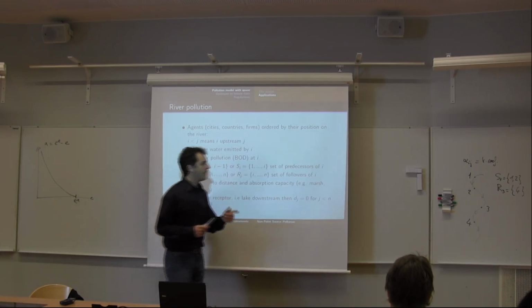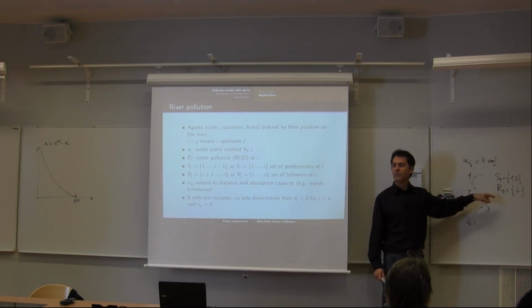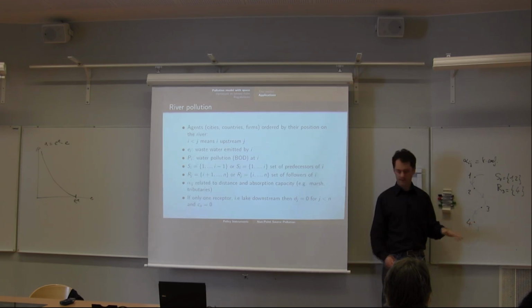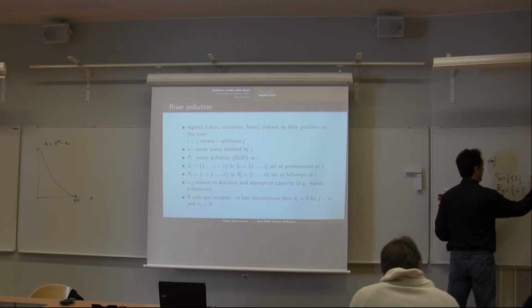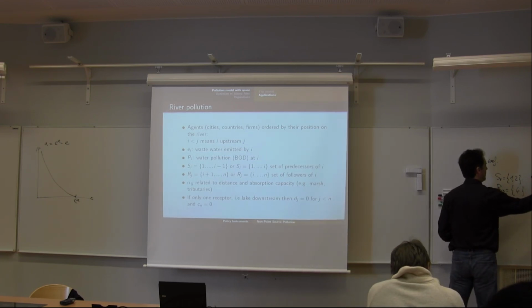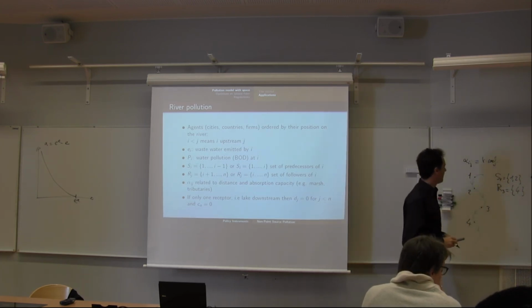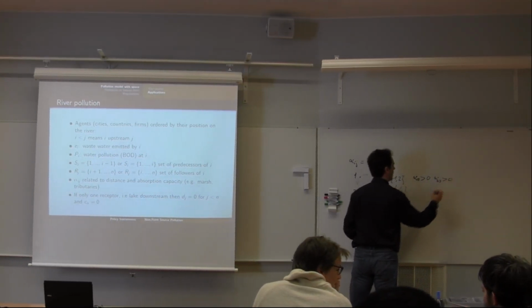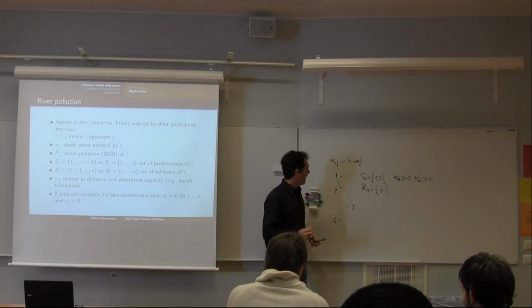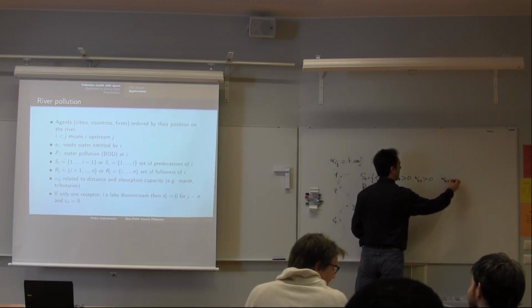I said that the impact will be positive within this set and equal to 0 outside this set. That means here, for instance, that alpha 1,3 is positive, alpha 1,2 is positive. No, sorry, alpha 2,3 is positive, but alpha 4,3 equals 0.